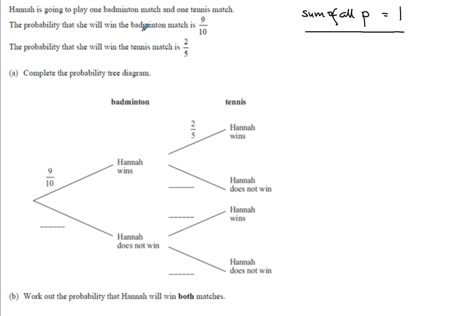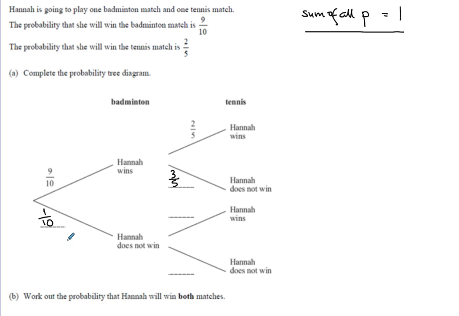We will assume that she's not drawing at all. So you know the probability of her winning is 9/10, so the probability of her not winning is 1/10. Okay, the probability she wins a tennis match is 2/5, so the probability she does not win will be 3/5.